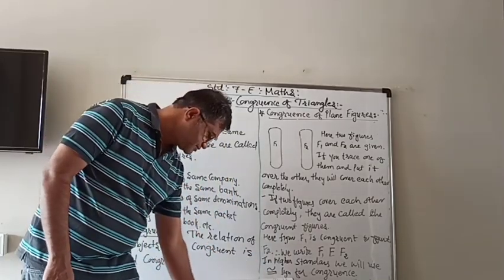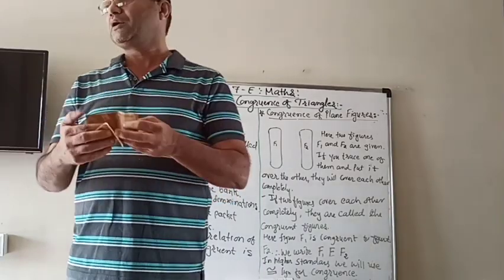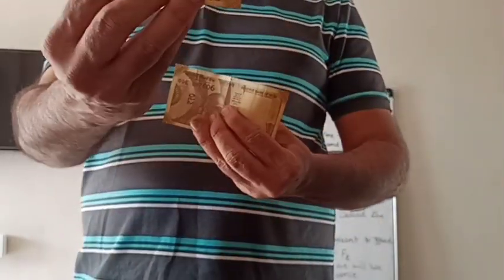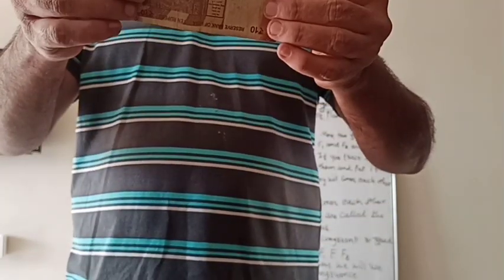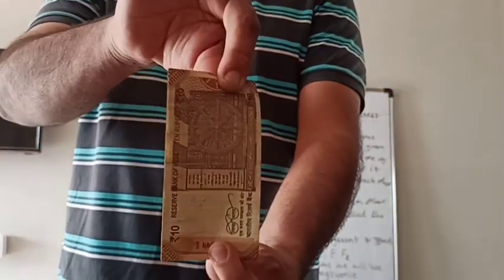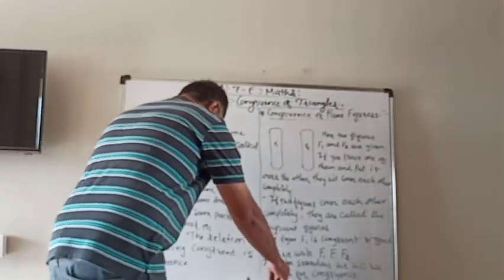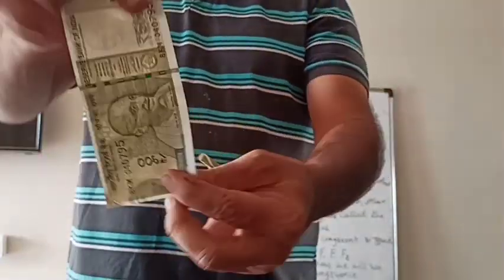We can understand with other examples also, like if you have currency of the same denomination. Look, I have two notes of 10 rupees, right? If I cover one with the other, you can see that they will completely cover each other. Similarly, I have another two notes of the same denomination, a 500 rupee note and another 500 rupee note.